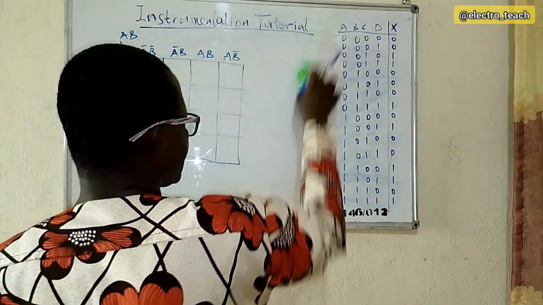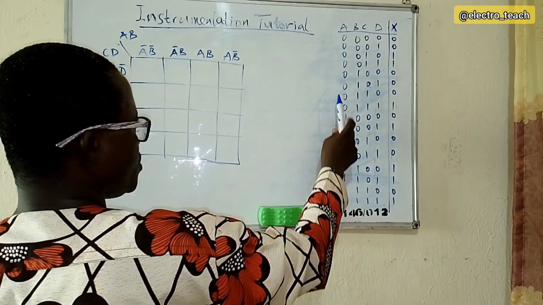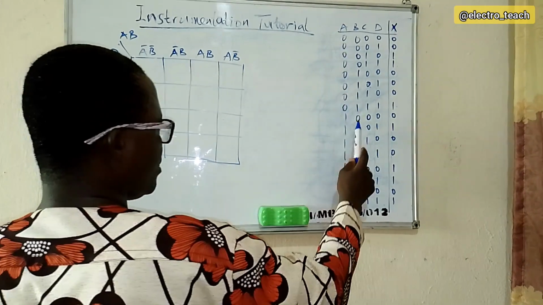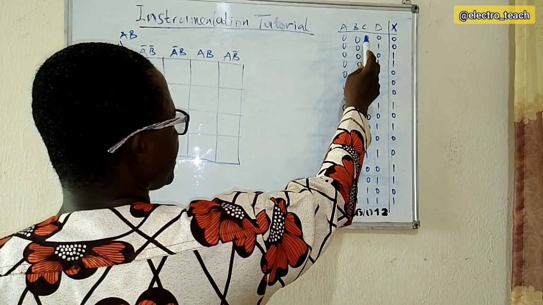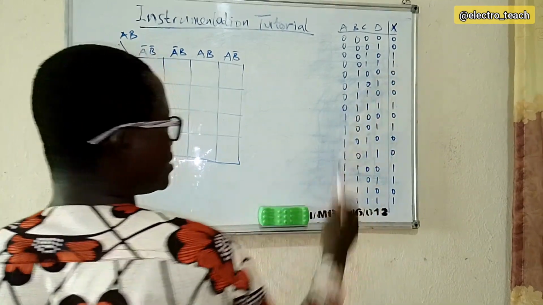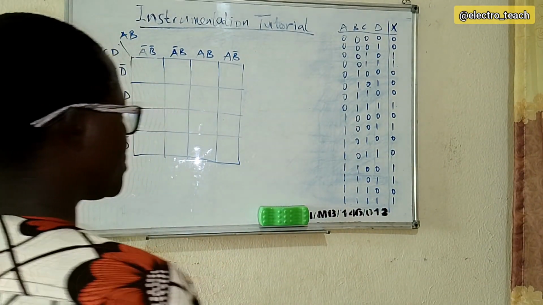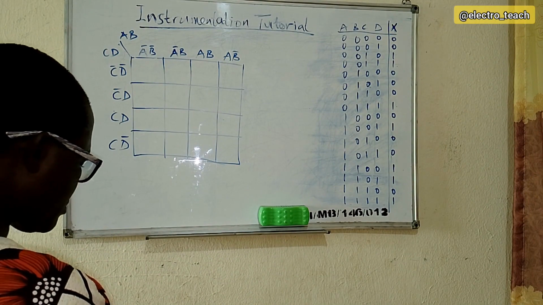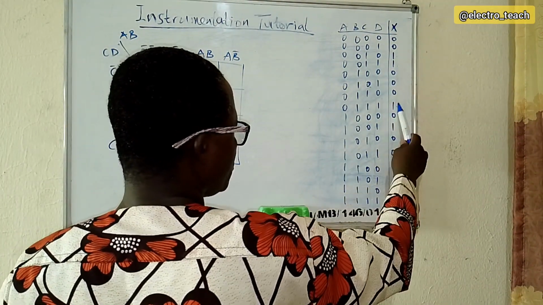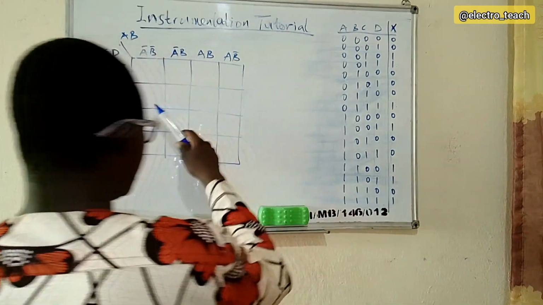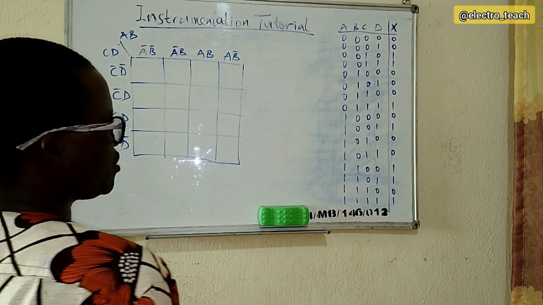So anyone that is 0 means that letter carries a bar. Anyone that is 1, that letter doesn't carry a bar. Here we have A bar, B bar, C bar, D bar, and this is X bar also. So we are going to deal with where we have the 1s, and then map them into the various cells.